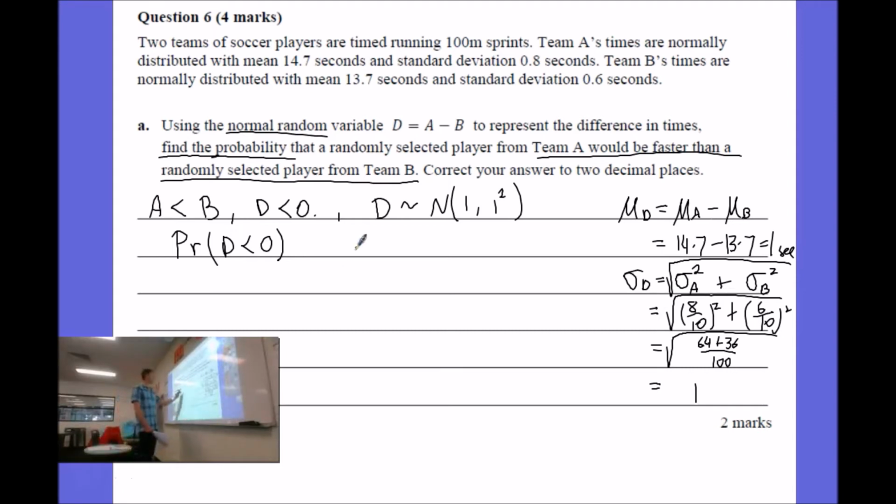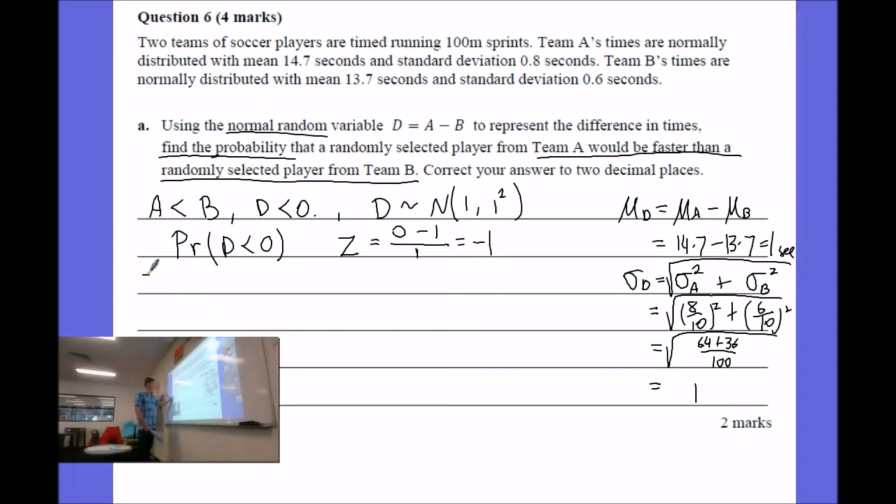Okay, so now let's convert to Z, standard normal curve. Let's get pronumeral Z happening, random variable Z. So that's going to be found by the value of D, which is going to be 0, minus its mean, 1, divided by its standard deviation, 1. It's just -1.